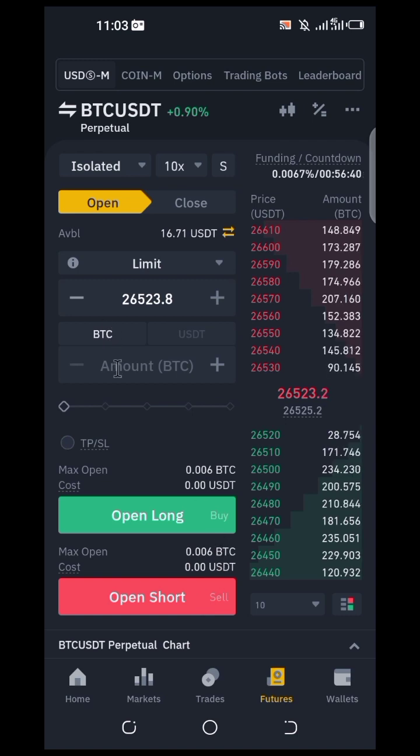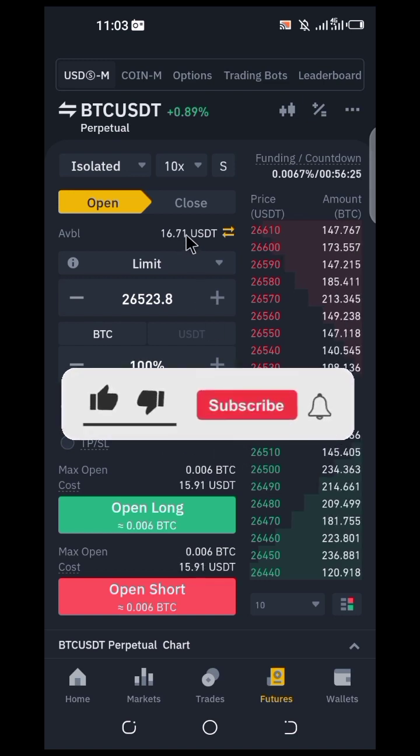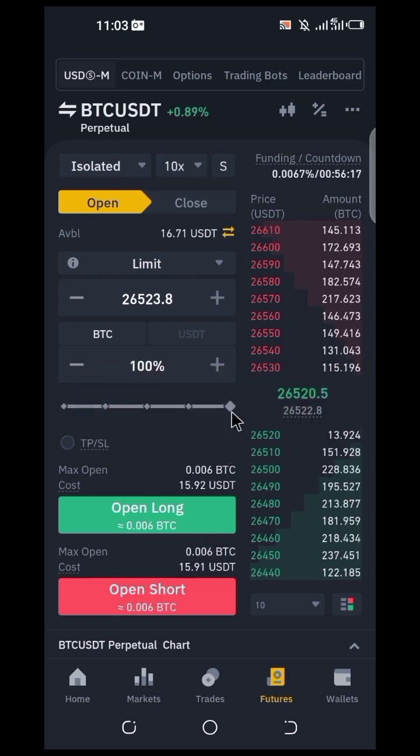The next thing you're going to do is to enter the amount you want to trade with. If you don't want to enter the amount, you can use this slider to take a percentage of your money. Currently, you realize I have 16.71 USDT in my balance. When I select 100%, you can see that I'm using the total amount of USDT I have in my futures wallet.